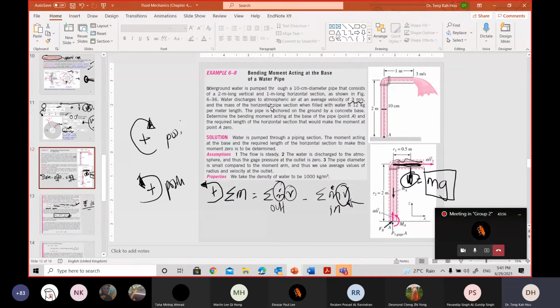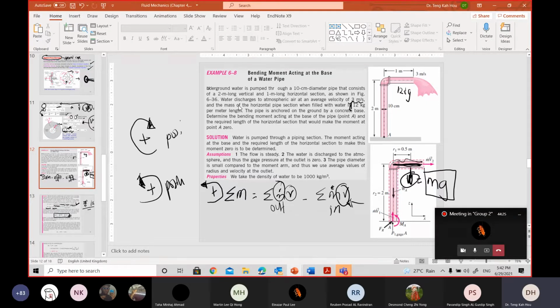The mass of the horizontal pipe section when filled with water is 12 kg per meter length. That means if this section is 1 meter, I will have 12 kg. If this section is 2 meters, I will need to multiply to become 24 kg. Do you get what I mean?